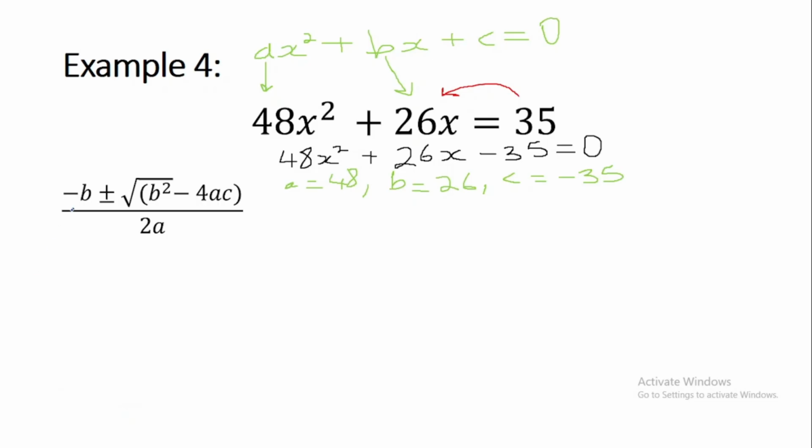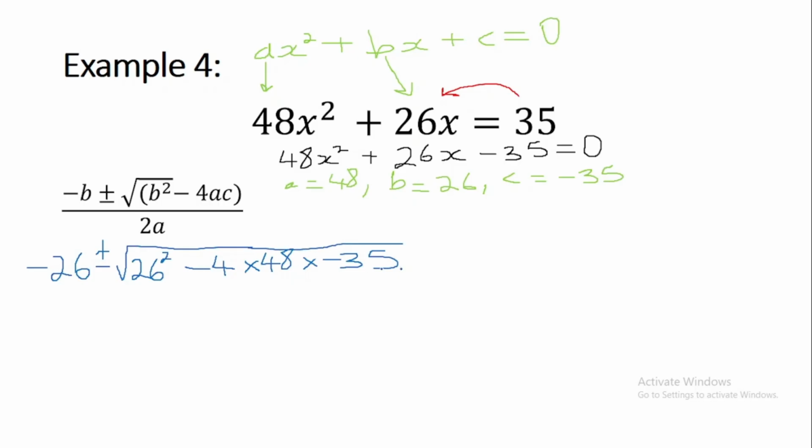So let's enter it into our formula. That's going to be negative b, where b is 26, so negative 26 plus or minus the square root of b squared, so 26 squared, minus 4 times a, which is 48, multiplied also by c, which is negative 35.